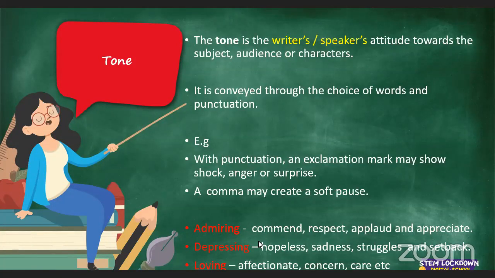If you were to say the tone is depressing, you would say that because the writer used words such as hopeless, sadness, struggles, and setback. And if you said the tone is loving, it's because you came across words such as care, concern, affectionate.